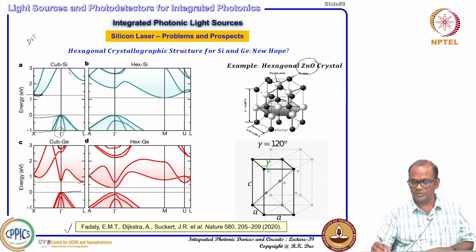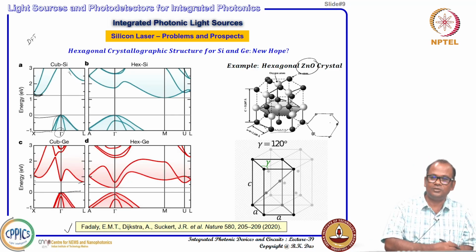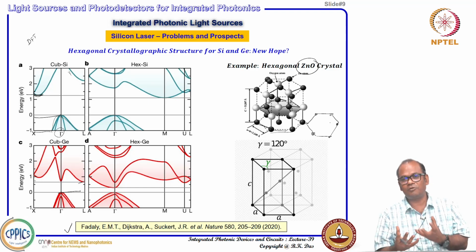This is your lattice constant, and all the atoms take a hexagonal shape, with atomic positions like this. So if you can grow silicon and germanium like that, that is also possible. It depends on your crystal growth technique.